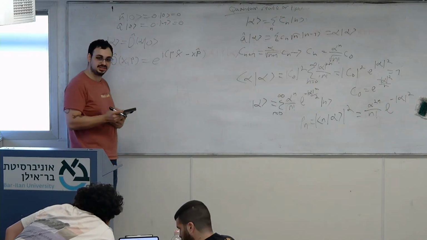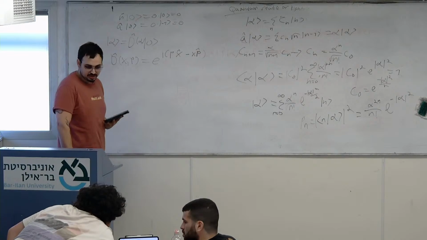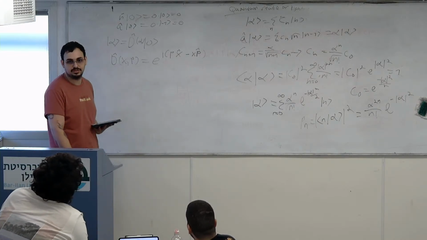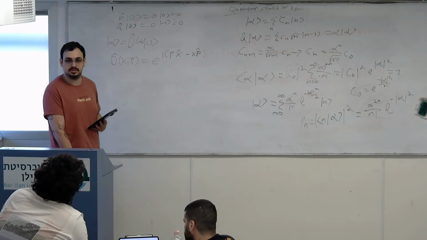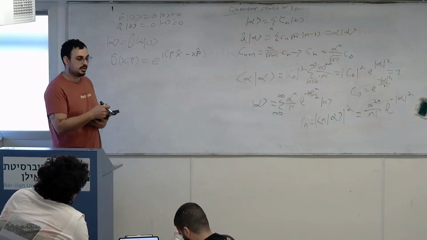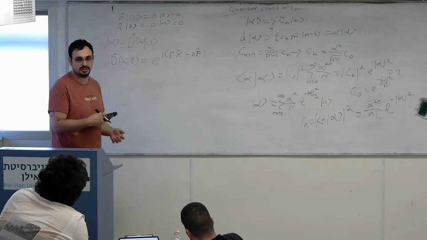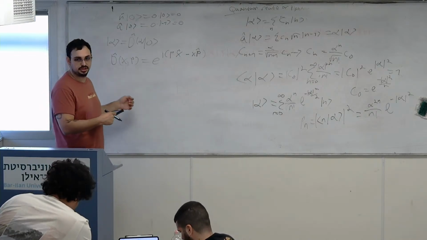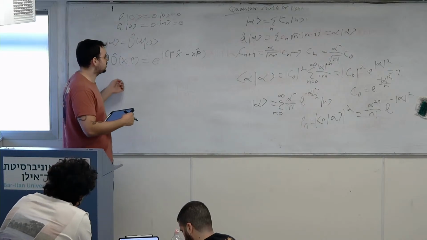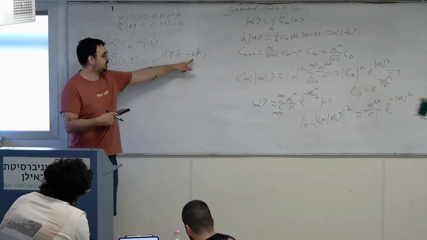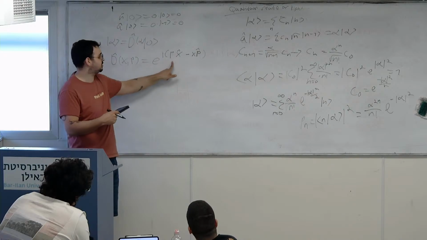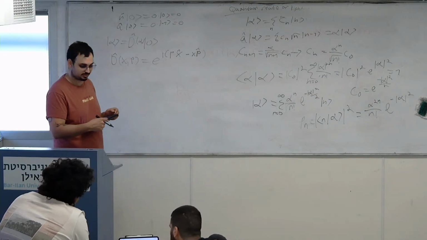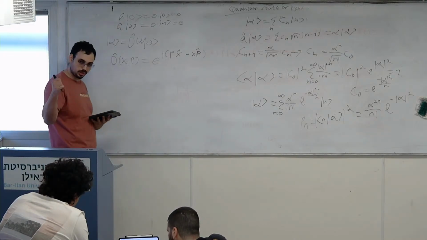What is the meaning of that? It's the value of the field that you want to get. Like, where do you want to put it in the XP space? If you take, for example, X and P to be the real and imaginary part of the field, that means you want a coherent state where the average real part is X and the average imaginary part is P. Okay. Right? Locally.